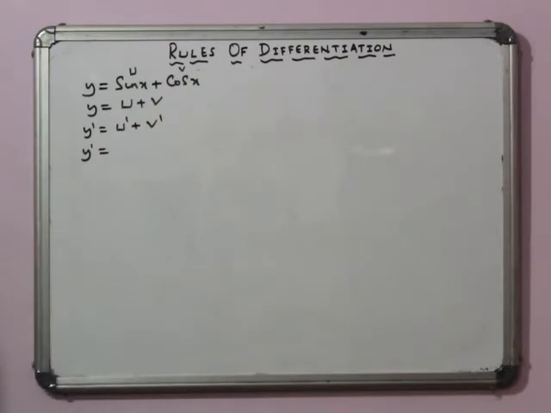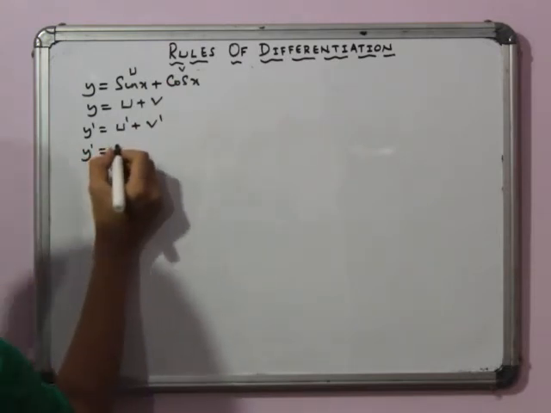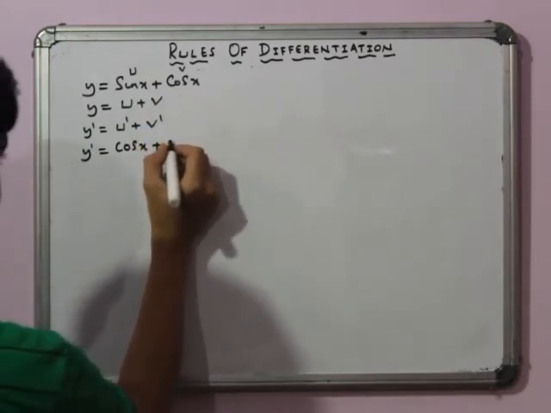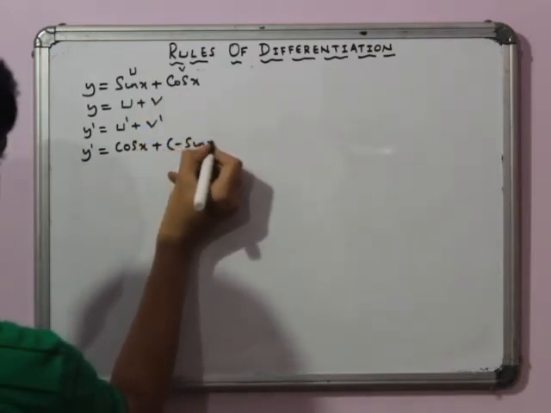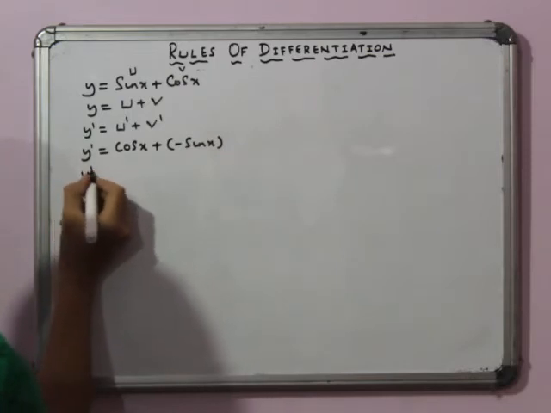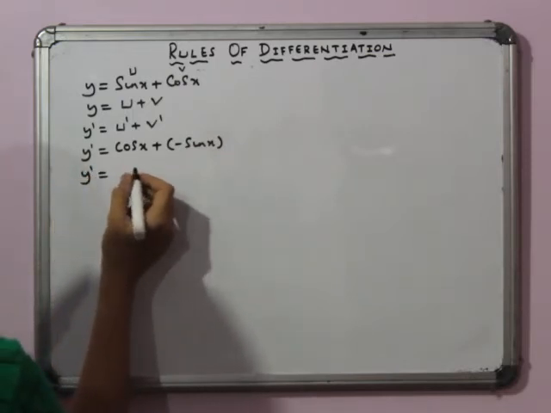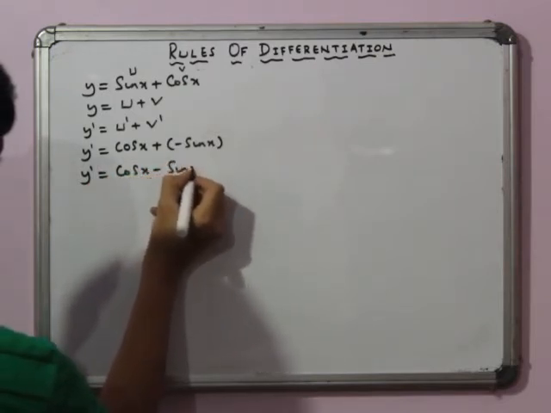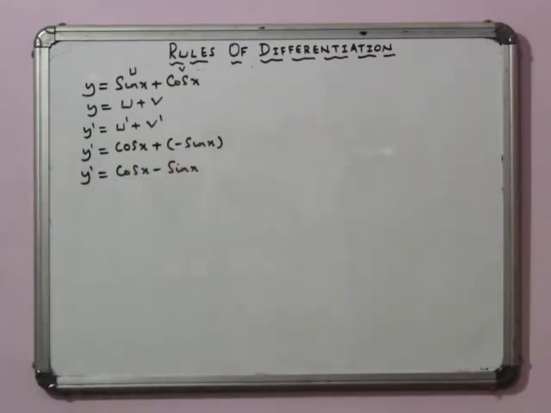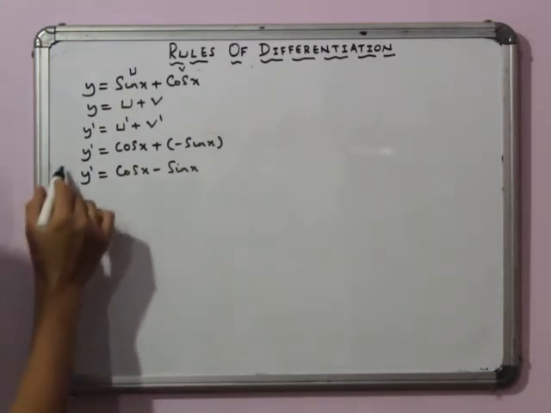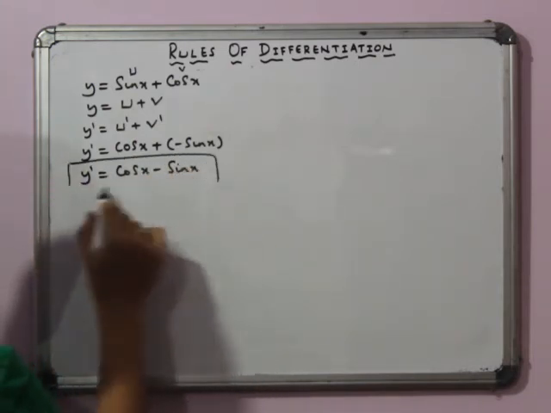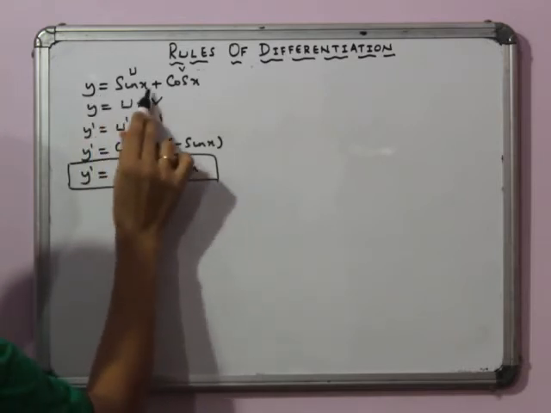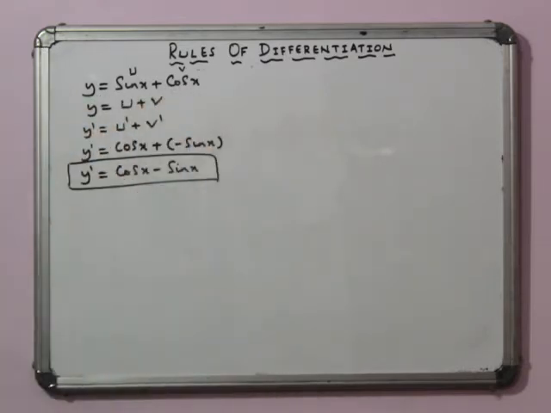Differentiation of sin x is cos x plus differentiation of cos x is minus sin x. So the final answer, y dash is equal to cos x minus sin x. This result is the differentiation of y is equal to sin x plus cos x.